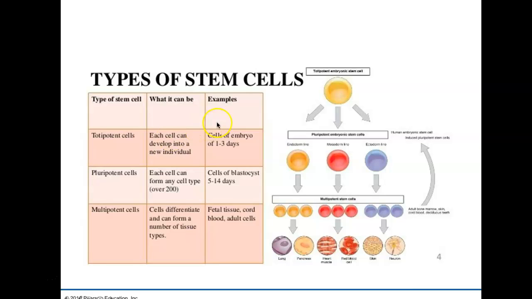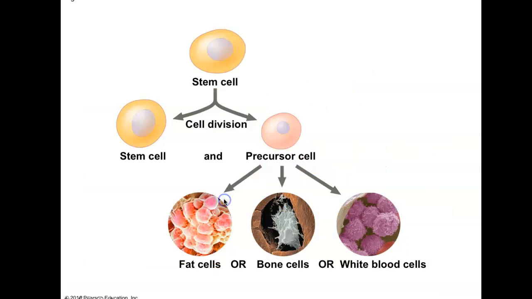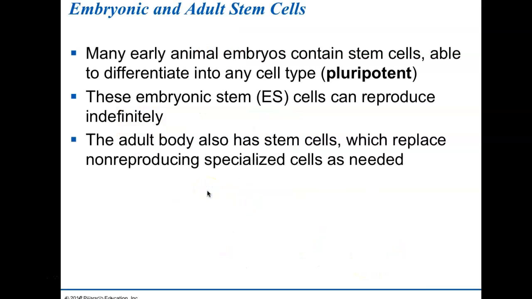You're going to write 14 days. So after 14 days, those stem cells really are not of good use. All right, and so what this is just showing you is that an adult stem cell can really only grow into fat, bone, or blood cells. And so that's not quite what scientists are interested in.